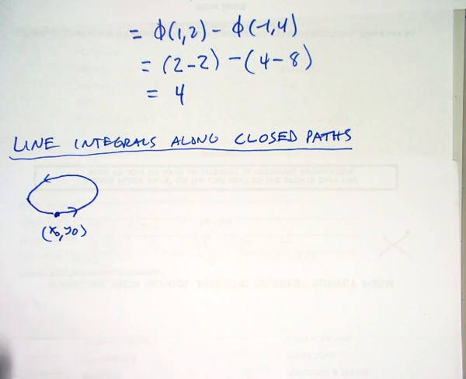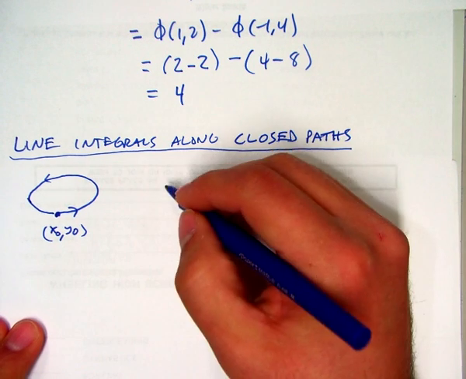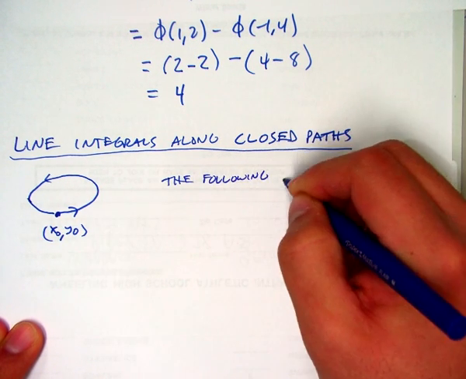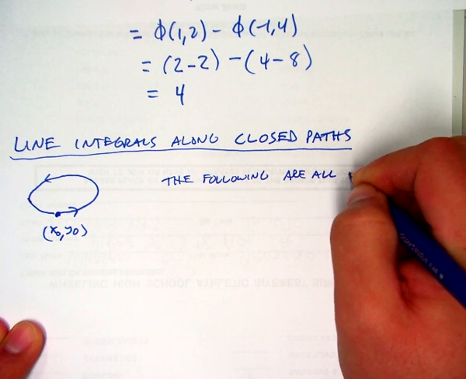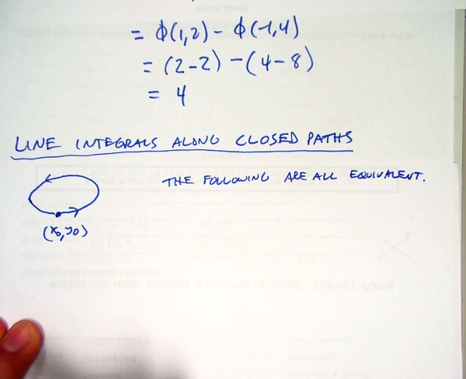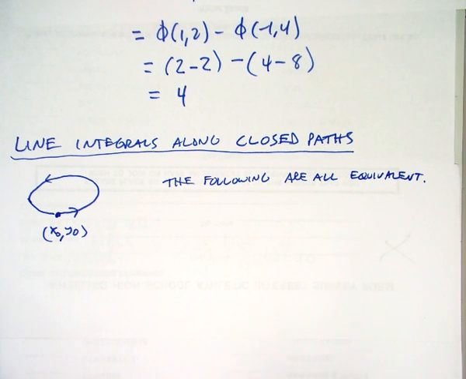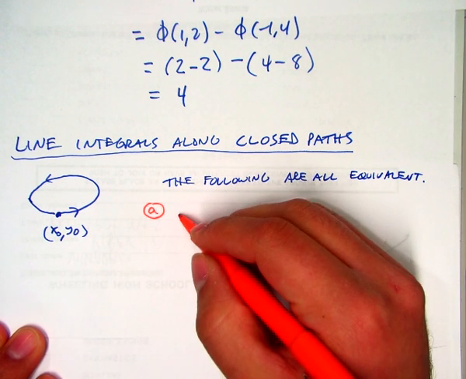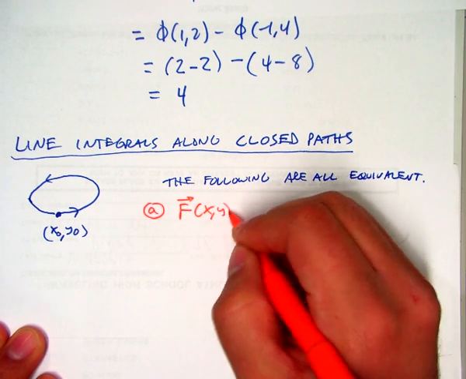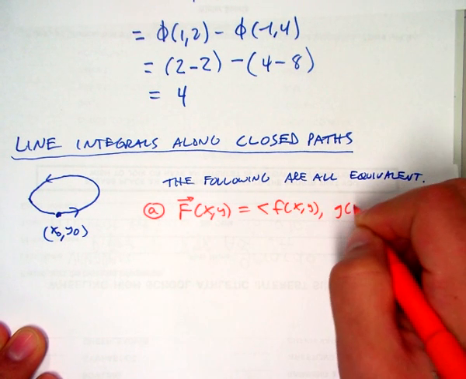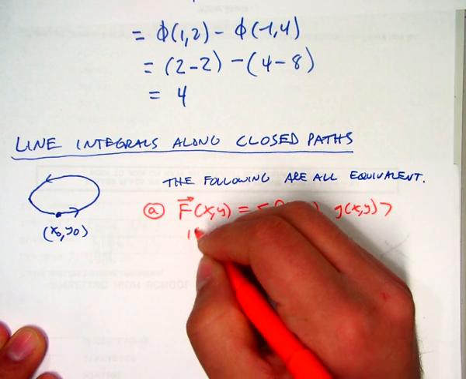So if we have a closed path, okay, then the following all mean the same thing. So f of xy equals vector field little f of xy. G of xy is conservative.